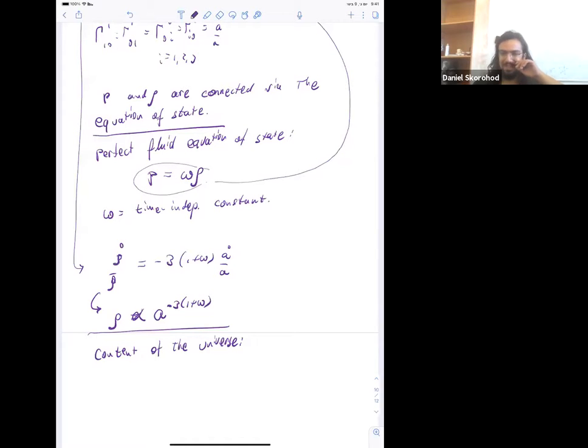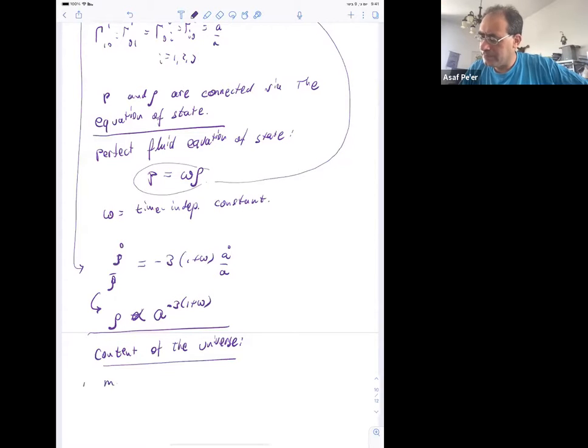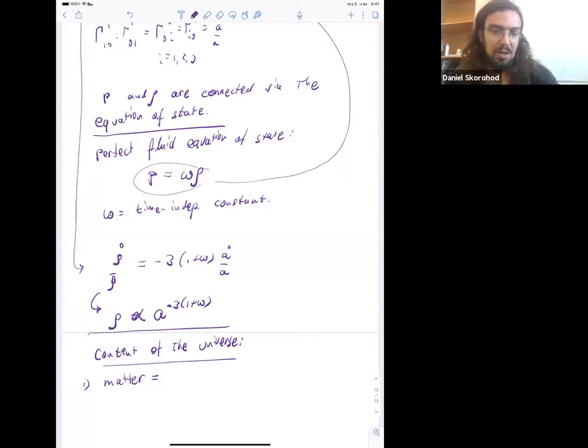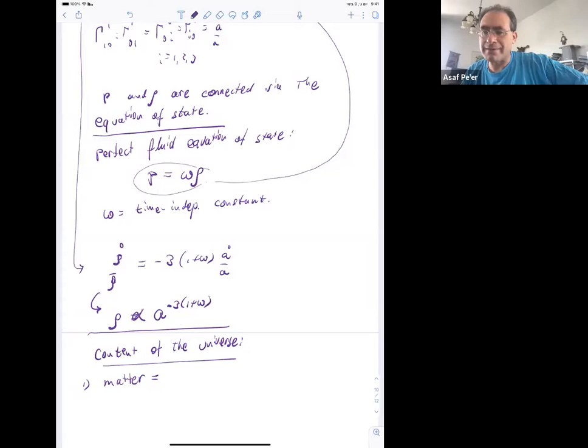What do I mean by matter? What kind of matter? When you say matter, what do you mean? Atoms. Dust. What about dust? We talked about dust. What is the pressure of a dust?